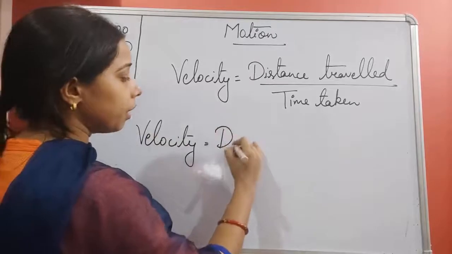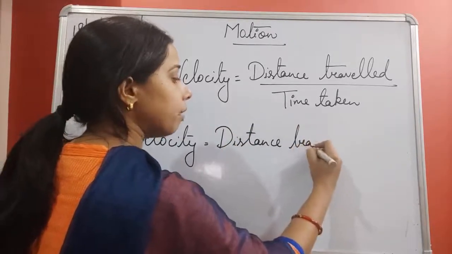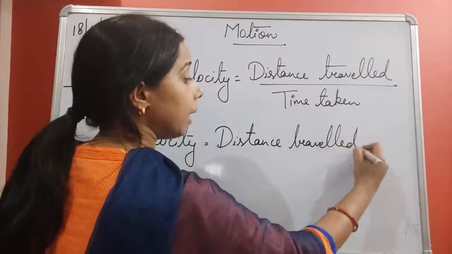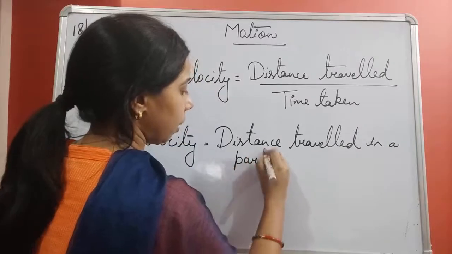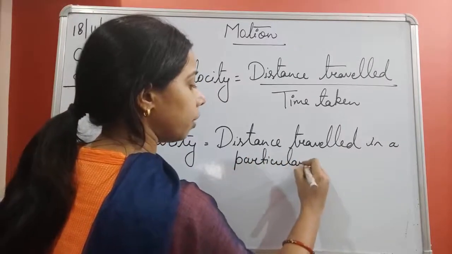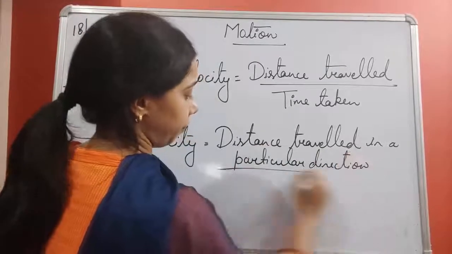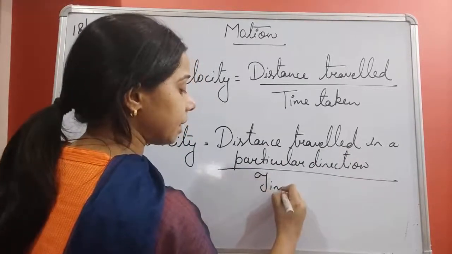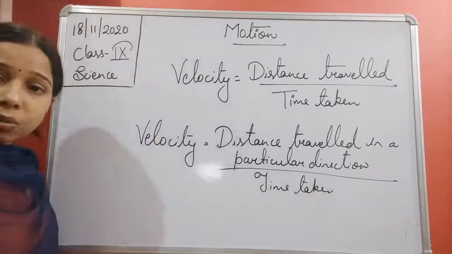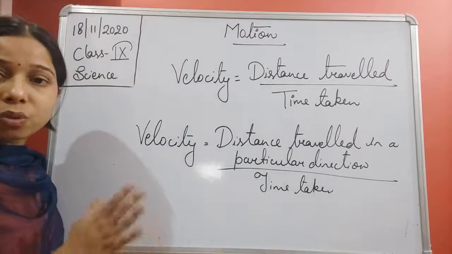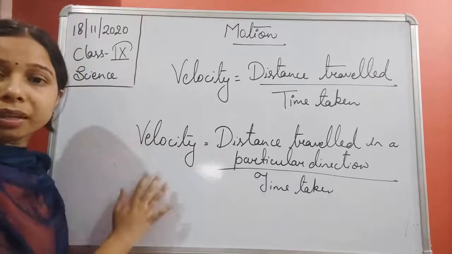It means we can also write it as distance traveled by an object in a particular direction upon time taken. That will define the velocity of an object, right?